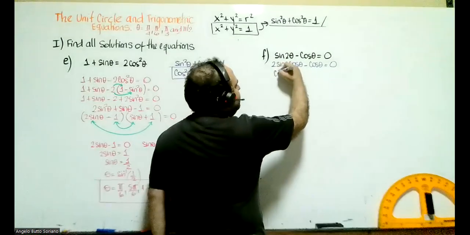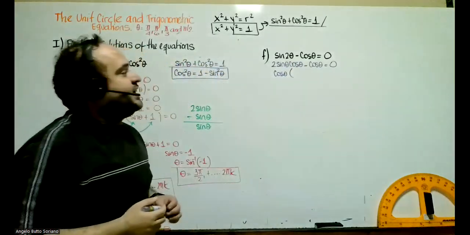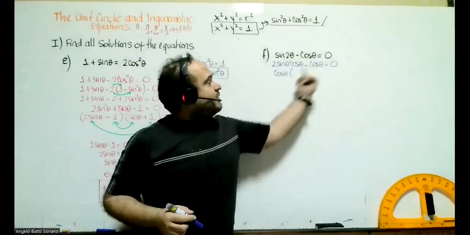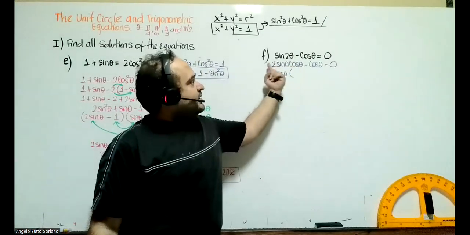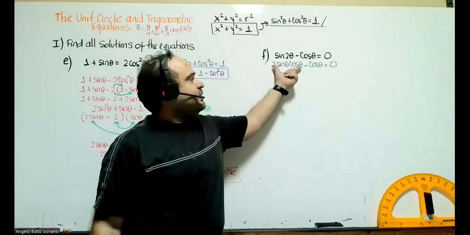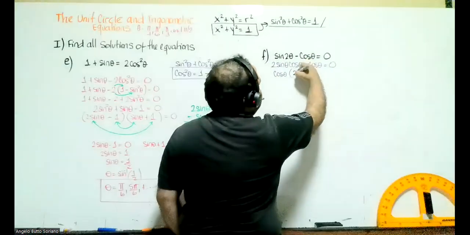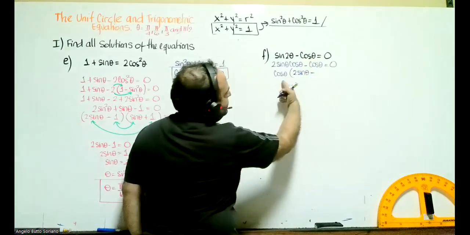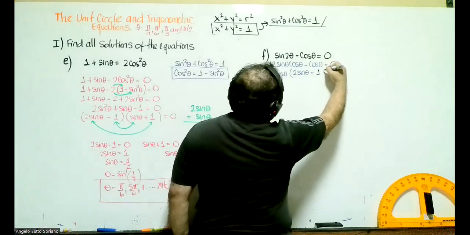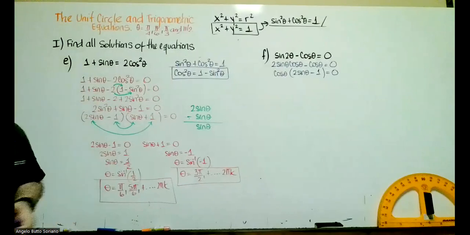This common factor will be cosine theta, and the result will be obtained by dividing the original equation by the common factor. I mean, the first two elements divided by cosine theta: 2 sine theta minus cosine theta divided by cosine theta, that will be 1. And we are factorizing already.